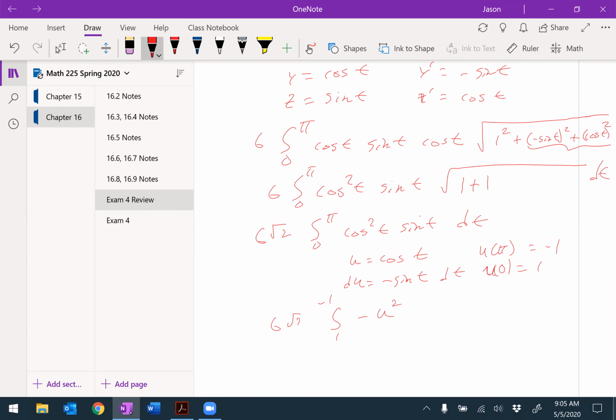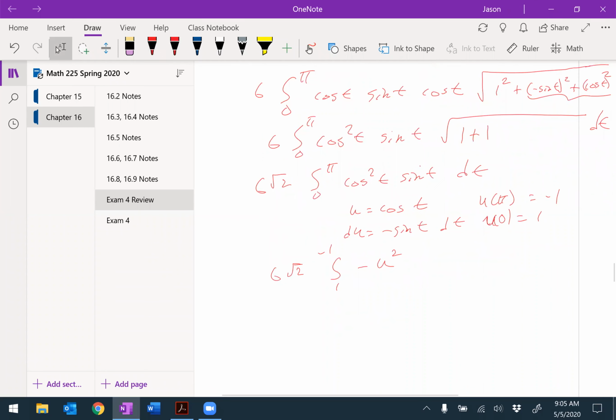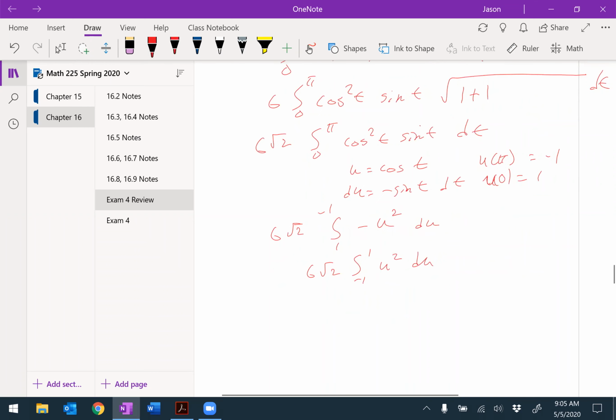Okay, I could reverse my limits of integration by multiplying through by a negative, which is 6 radical 2 times negative, integral from negative 1 to 1 of u squared du. And so this just becomes 6 radical 2 times u cubed over 3, evaluated from negative 1 to 1.